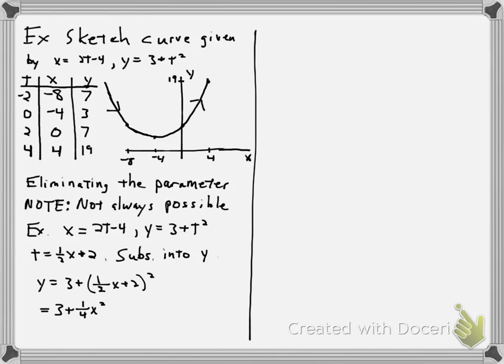And the insides and outsides would lead to a plus 2x. And then finally, the last would be a plus 4. Of course, we can simplify this and write it as 1/4 x squared plus 2x plus 7. So this is the parabola that we actually plotted above.